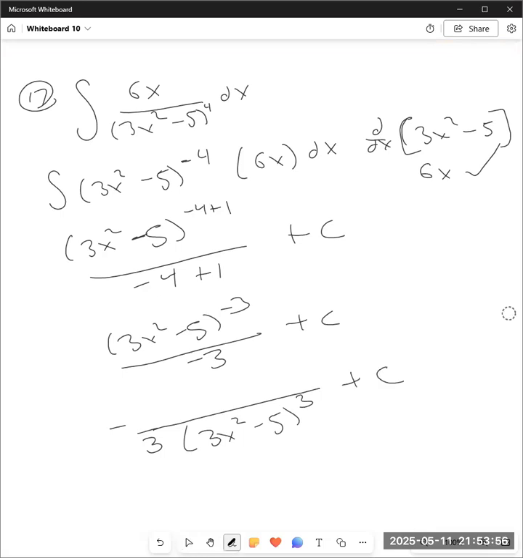Just leave that negative 1 in the numerator up here, and that's it. That gives me the positive exponent in the denominator of the fraction, just like I started off with. All right, let's look now at number 19.